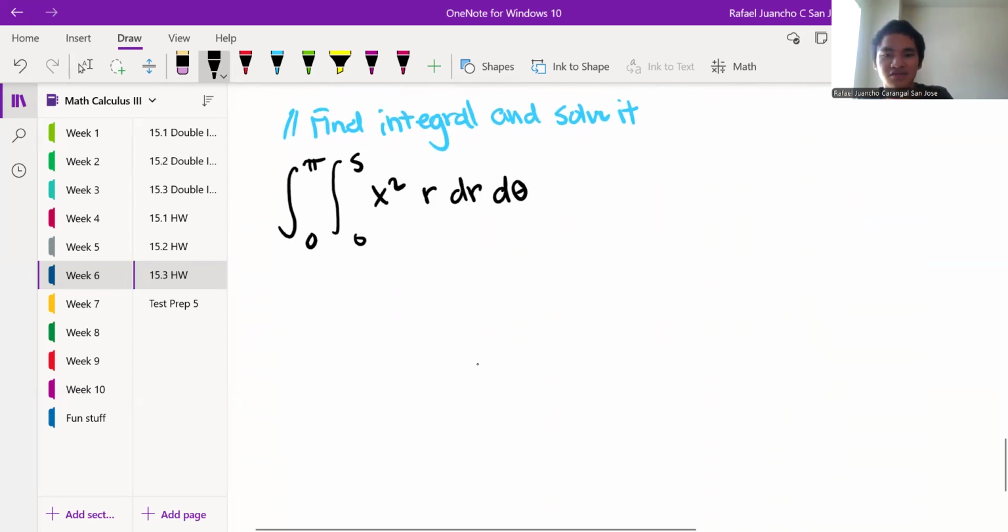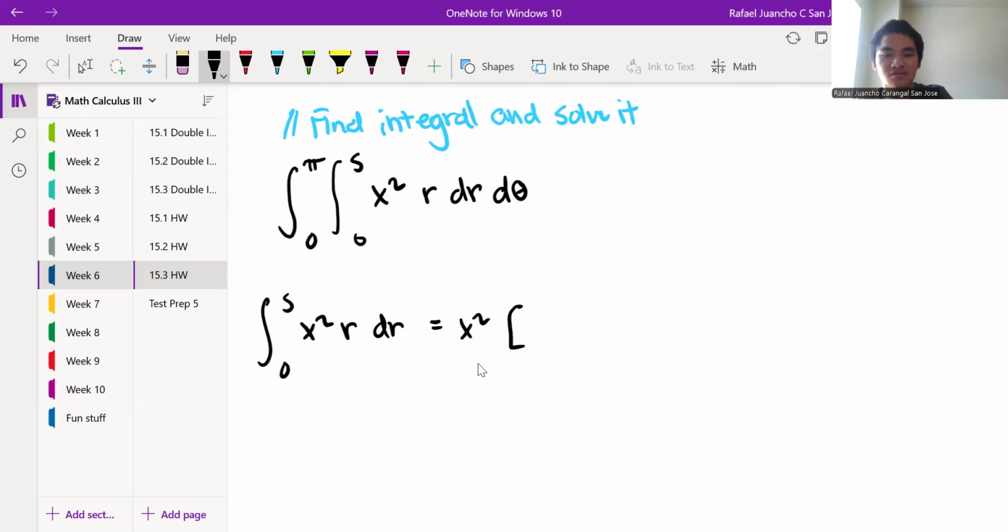So how do I solve this thing? Well, first let's start off with this, r dr. Here I could immediately take out the x squared. So I'm left with x squared r. Get the antiderivative. Here I get 5 squared, 25 over 2.